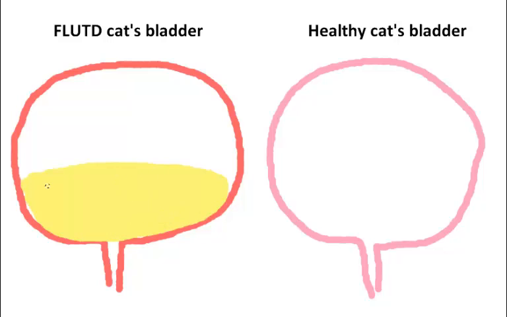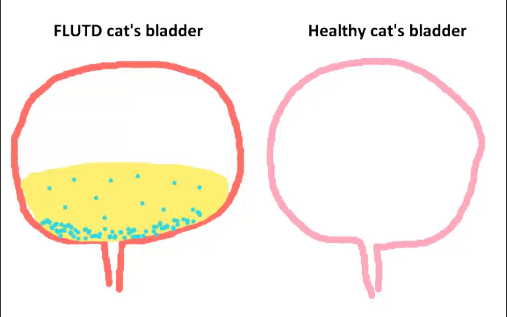So we get these minerals or waste products sitting here, and this makes highly concentrated urine that has a lot of minerals in it. What happens is over time, these minerals start to fall out of the urine and settle. So they make a sediment at the bottom of the bladder.